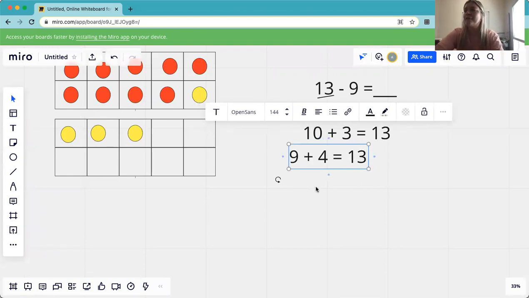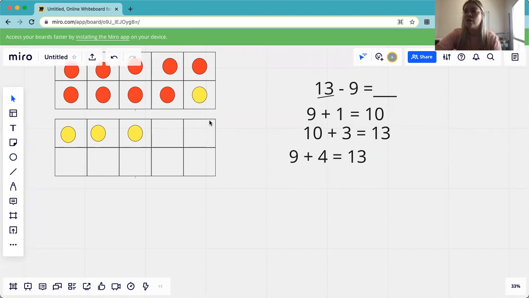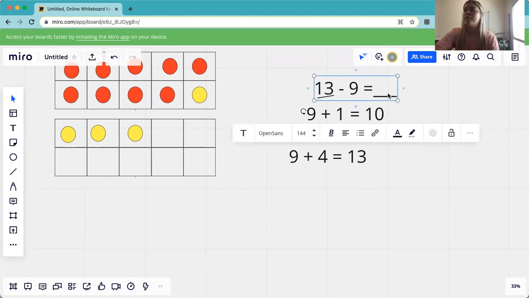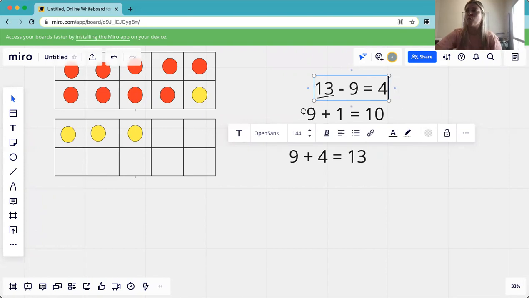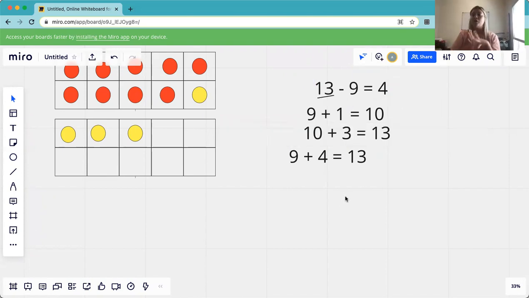So finding that out, I know that if it's switched around, because if it's 13 minus 9, that's going to equal 4 because I already have one of my parts up here. So we figured out that 13 minus 9 equals my 4. Again, when you take subtraction, like 13 minus 9 equals 4, you can check it that way, but you can also make your 10, and then you can use that addition to help you with your subtraction.